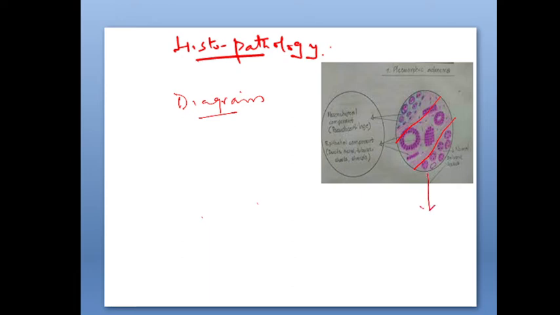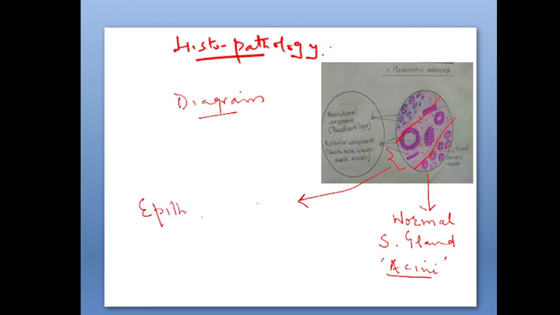See here, it is the normal area, normal parotid gland, normal salivary gland showing acini. These can be serous acini or mucous acini. Now this part, the picture is not complete, but this part shows the areas derived from epithelium. Epithelial areas are of two types. They can be empty or solid.